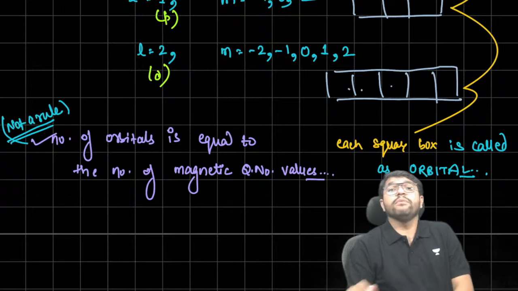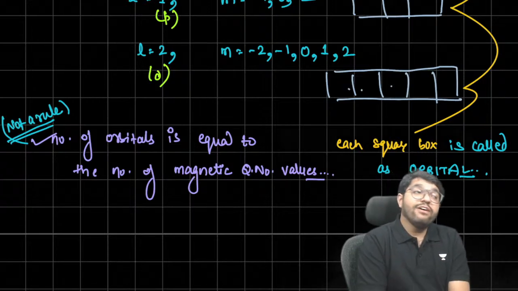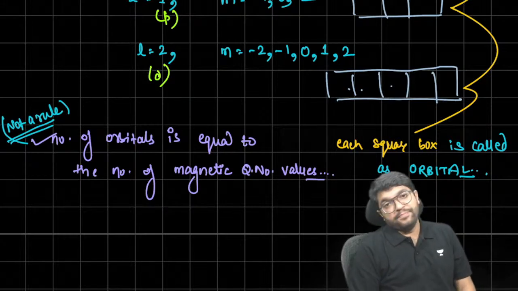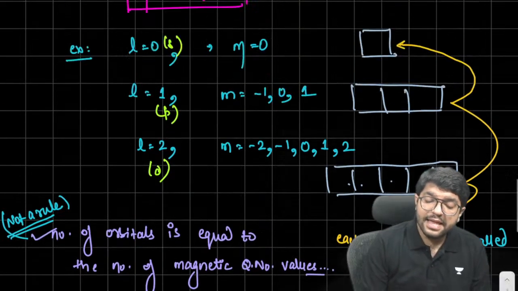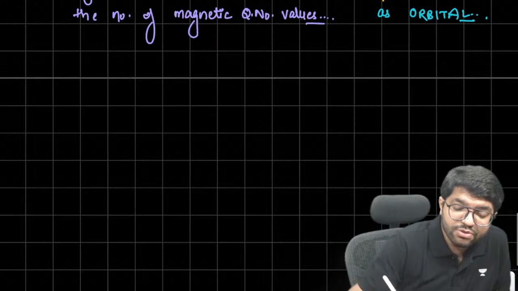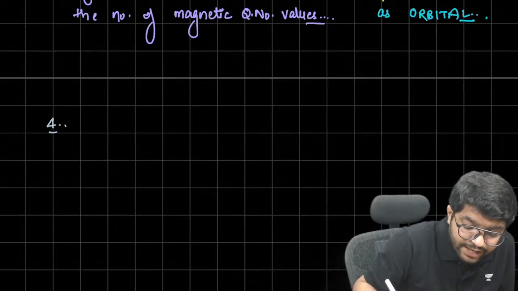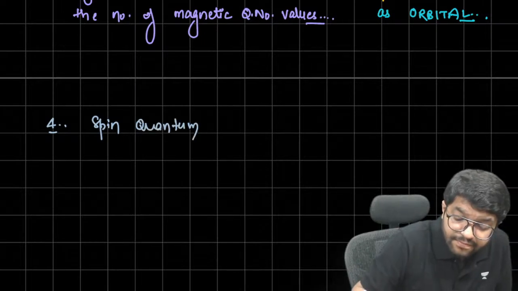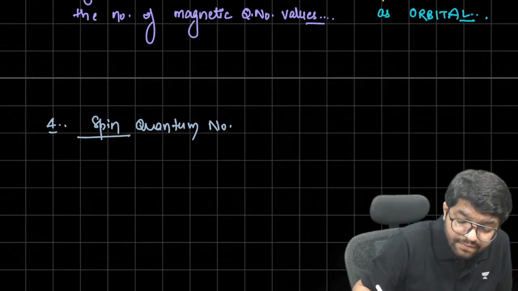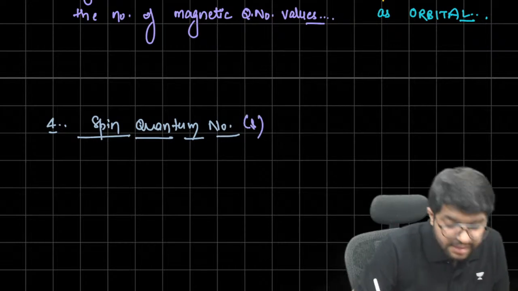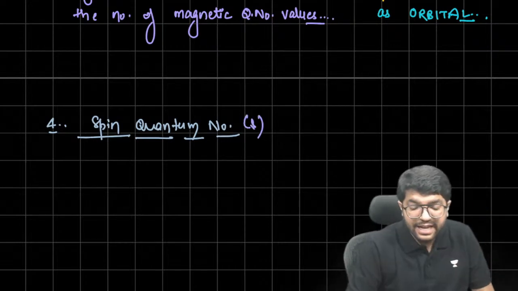I'm making one box for S, and even the magnetic quantum number has only one value. For P, the magnetic quantum number has three values, minus 1, 0, and 1. And here you see each box can accommodate two electrons, and that was told by the fourth one, which is called the spin quantum number, S. And how do I define that?